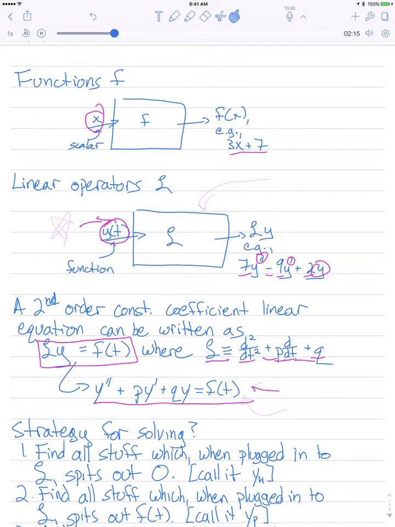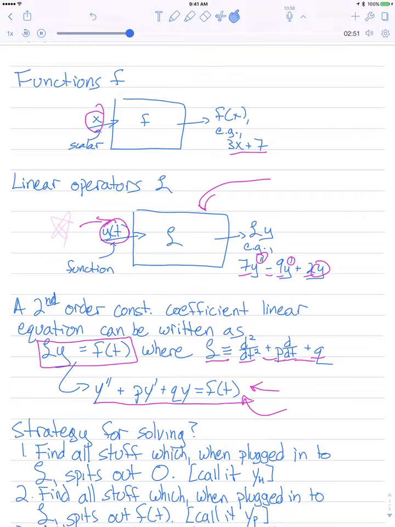And so here's going to be our strategy for solving this differential equation. I'm going to purposefully repeat myself and say the same thing a bunch of times. The strategy is to think of this linear operator picture, and you want to find the solutions where, when you plug it in on the left, you get out f of t. That's what this equation means. The way you're going to do that is, first, find all the stuff that gives you 0 on the right-hand side.